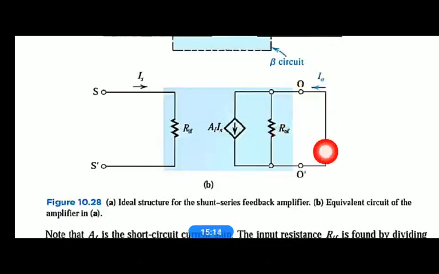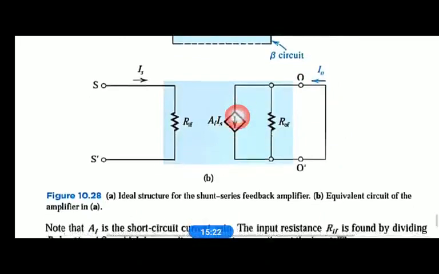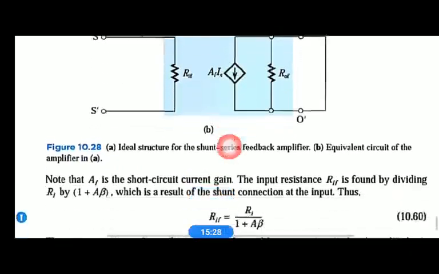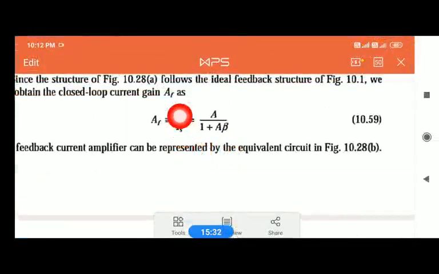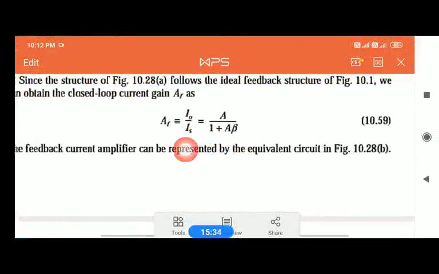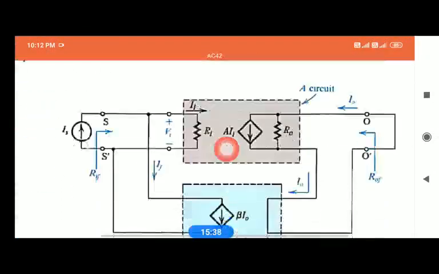The output is taken in the form of current I naught, and the output circuit is represented by a current source with the value AF into IS. Here AF is I naught by IS, which is equal to A divided by 1 plus A beta.